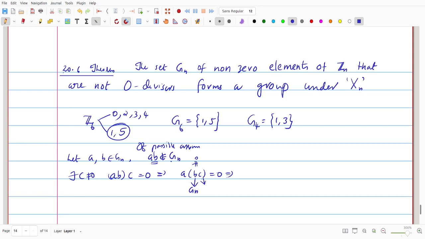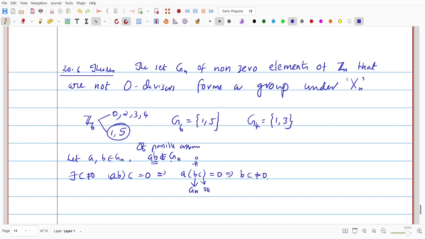Then in A into BC, B and C are non-zero elements of Gn. Then we have BC not equal to 0.